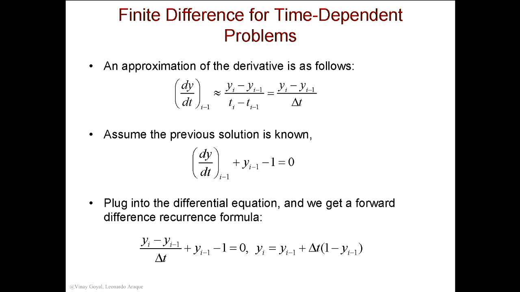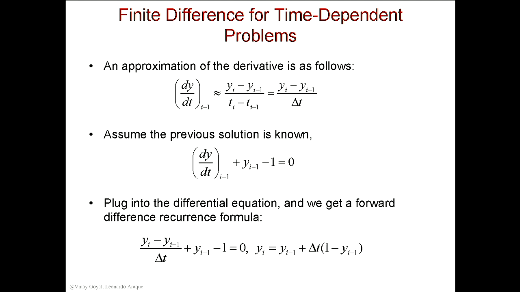So if we evaluate this derivative at a time, let's call this a previous time. Anytime I say i minus 1, that's like a previous time. Then I can find that the approximation of dy/dt is basically the slope: y at the current time minus y at the previous time, divided by the change in time, this time step from the previous to the current one.